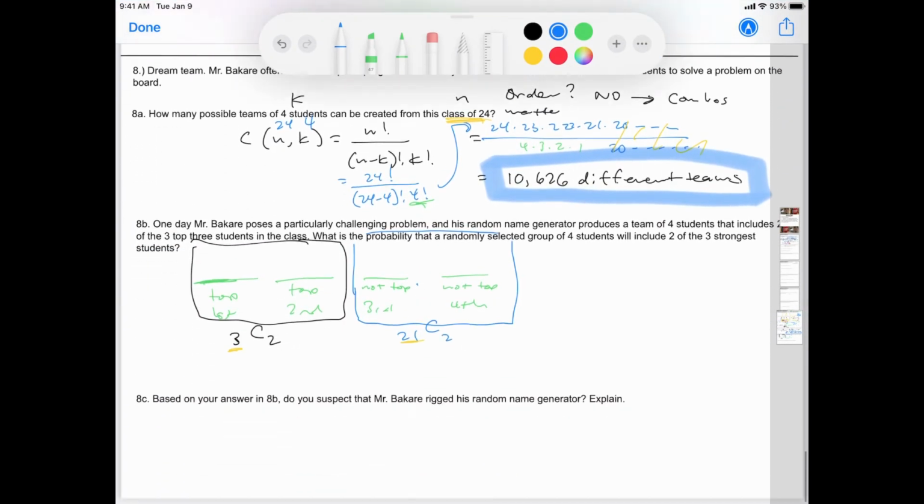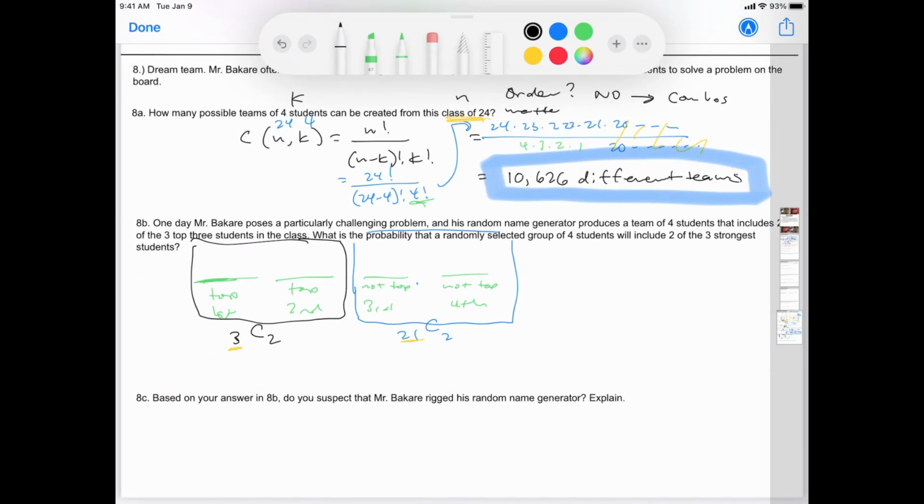Okay, so this means the number of ways to choose 2 of the top 3, there's only 3 ways. And the number of ways to choose 2 of the remaining 21 students in class, there are 210, and if you multiply those, you will get 630. So basically, this is the probability. Let's write this out in words.